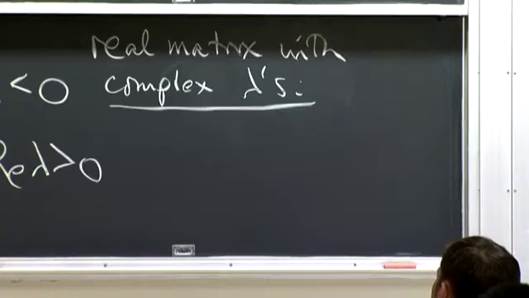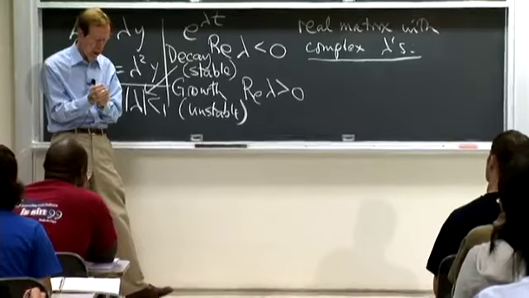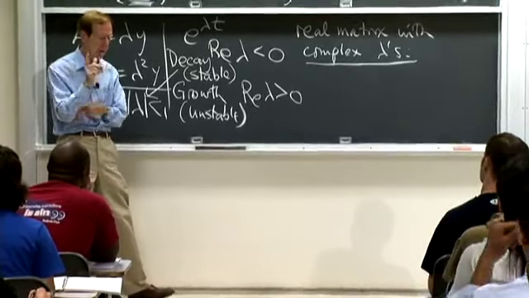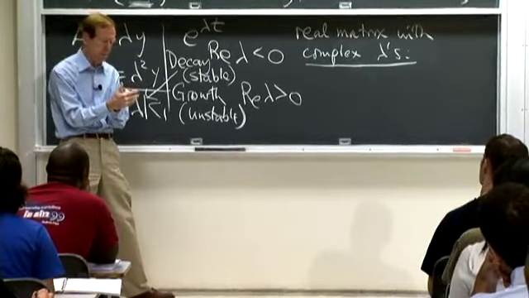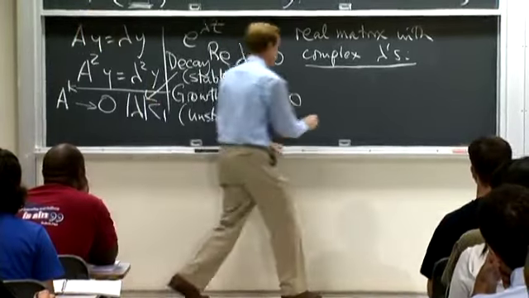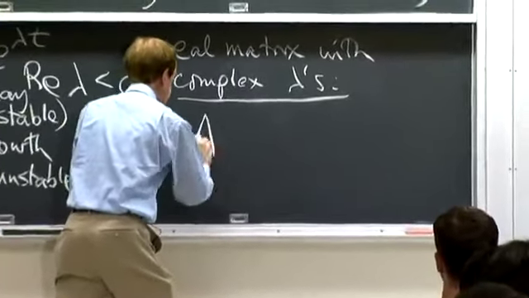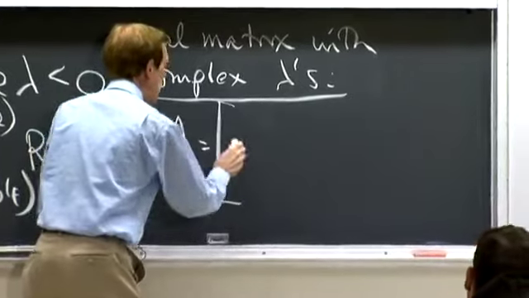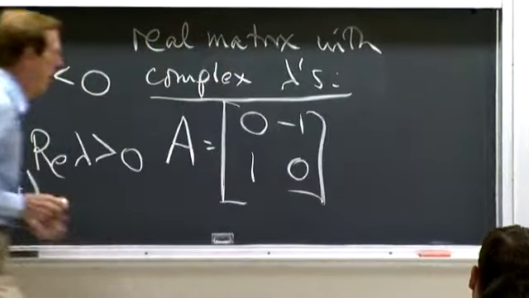So I'm looking for a matrix where y and Ay never come out in the same direction, for real y's. Here's a good matrix: take the matrix that rotates every vector by 90 degrees. Or by theta, but let's say 90 degrees.